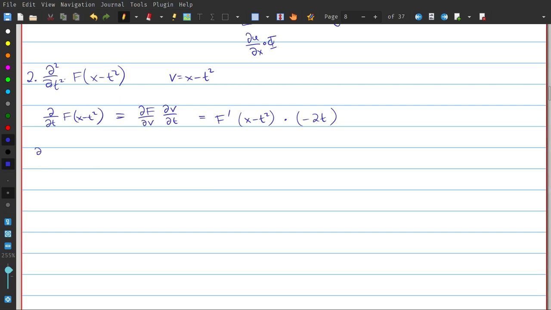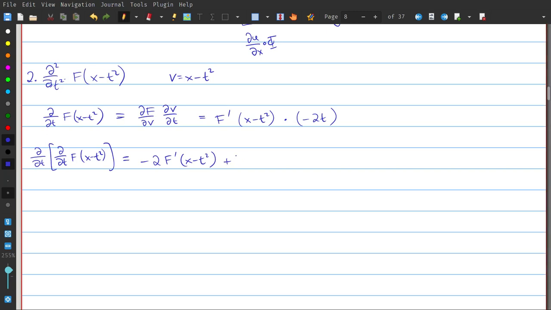And so now we should differentiate again, and not forget that this is a function of t, and this second factor here is also a function of t. So we should apply the product rule or Leibniz rule, and we get minus 2, like so. And then if we differentiate the part with f in it, we'll get another derivative, and we'll get another one of these factors, just like up here.